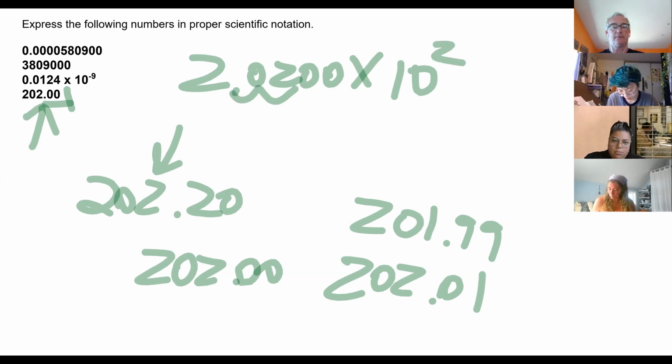Excellent. So this goes back a little while. You probably haven't had to do scientific notation in a while, unless you're taking another science class at the same time. But this comes up a lot because we express a lot of things in scientific notation, particularly really big and really small numbers.